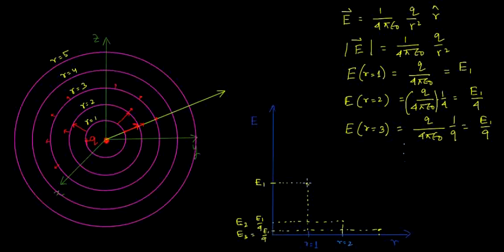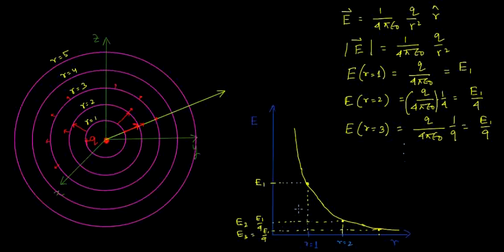So these are the points, and the variation will be like this. This is the variation of E.